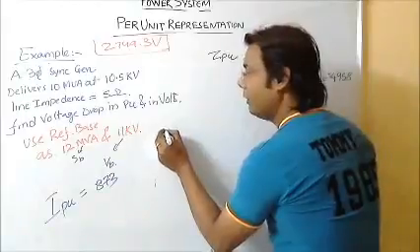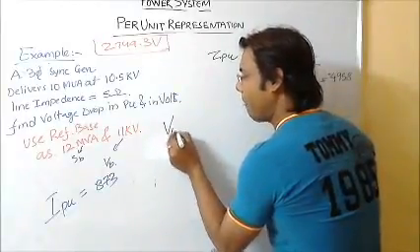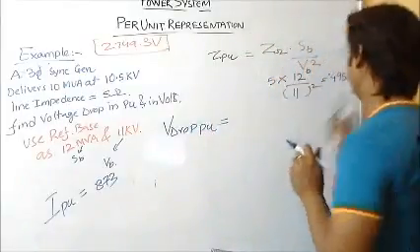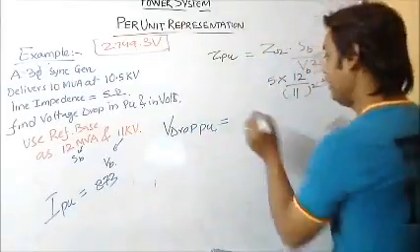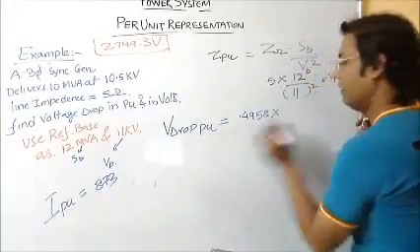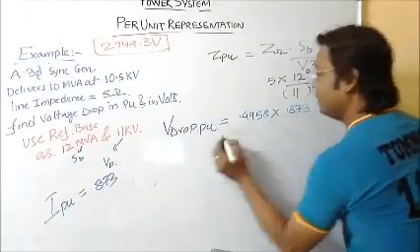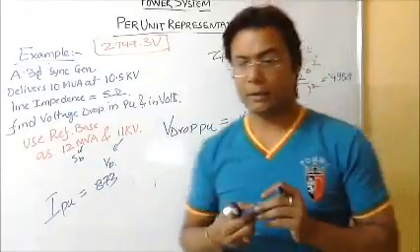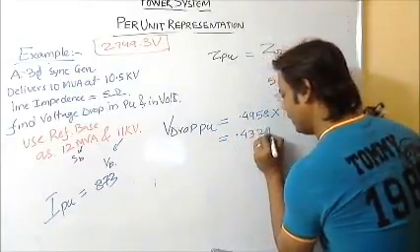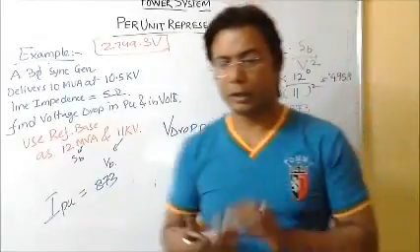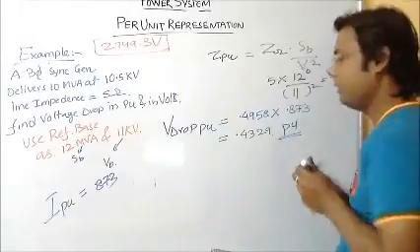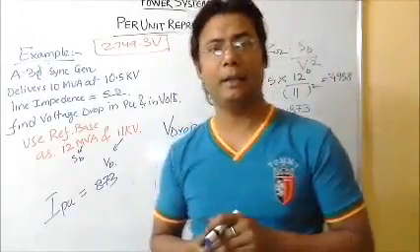So I can have the voltage drop in per unit right now, which will be equal to 0.4958 multiplied by 0.873, which is actually coming as 0.4329 almost. So that is in per unit. This is the per unit drop which I will be getting in the line.